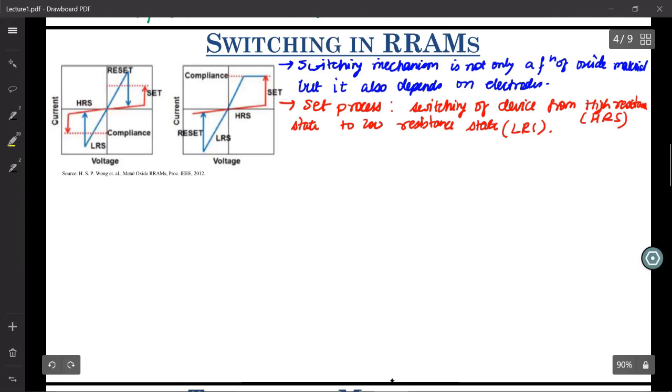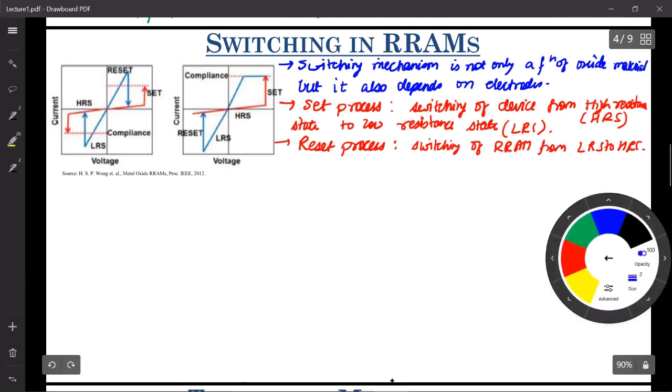So irrespective of the nature of switching in your RM devices, the set process refers to switching of the device from high resistance state to low resistance state. And similarly, we have another process which is called reset process, which refers to switching of your RAM from low resistance state to high resistance state.